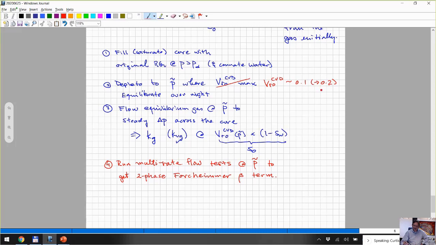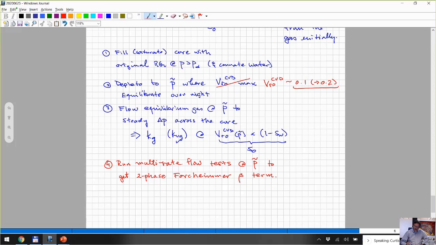So basically we limit the saturation, equilibrium saturation somewhere between 0.1 and 0.2 to get that 1 point.